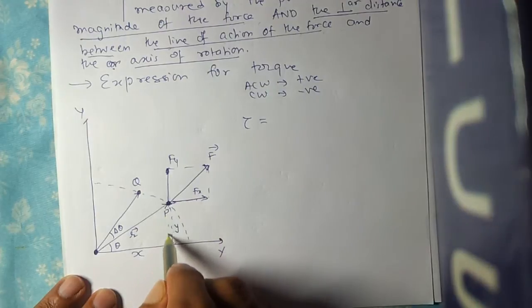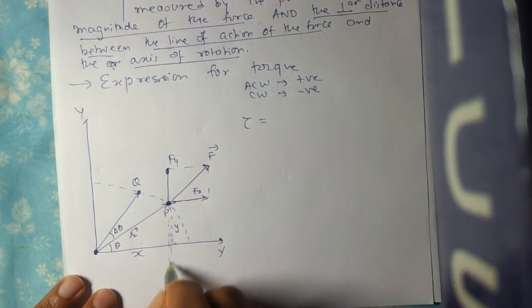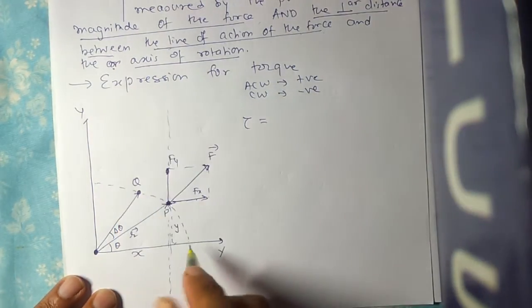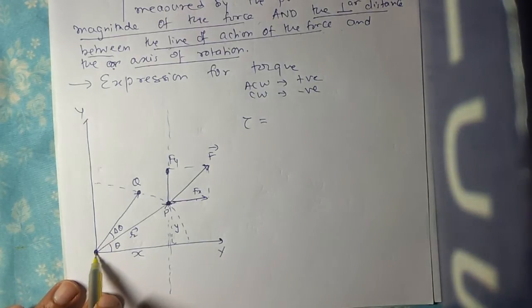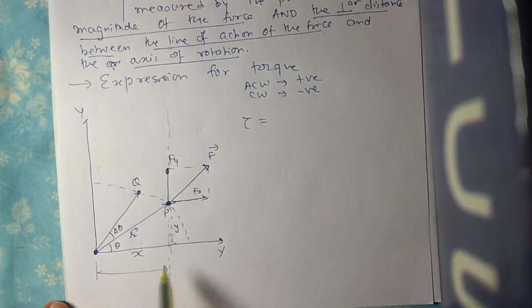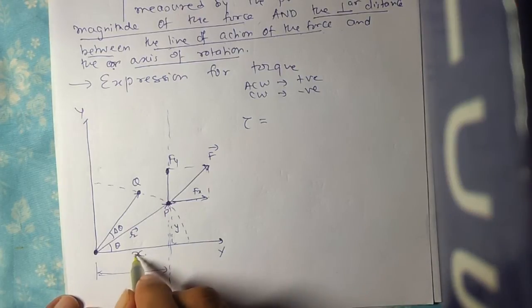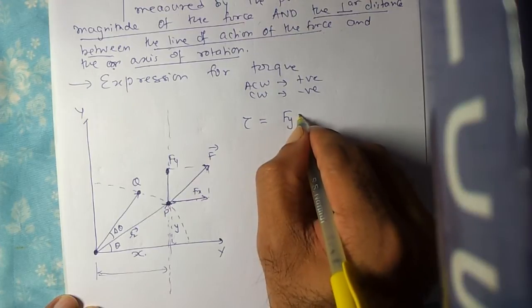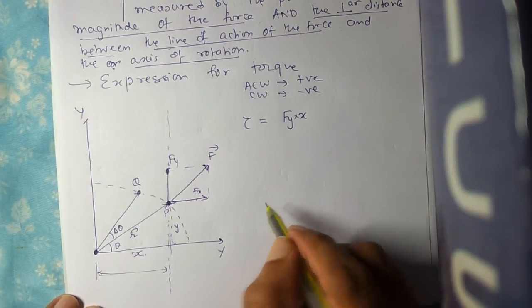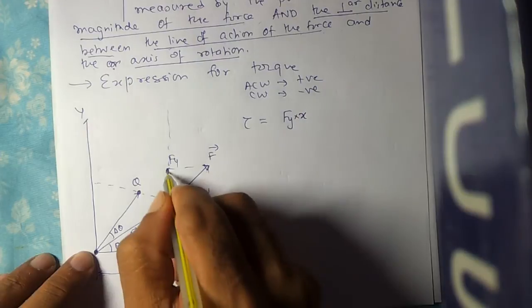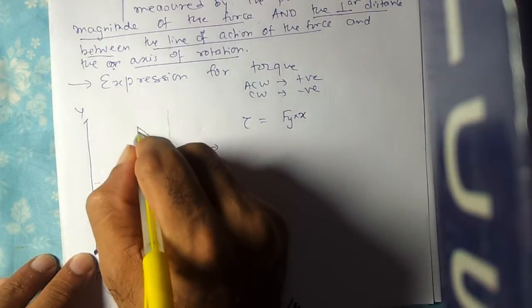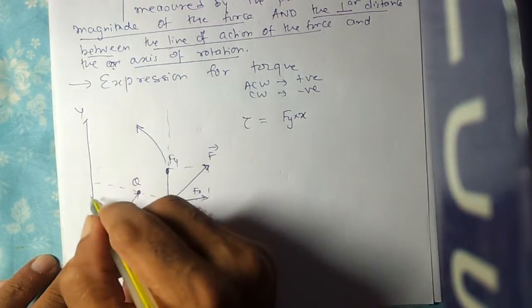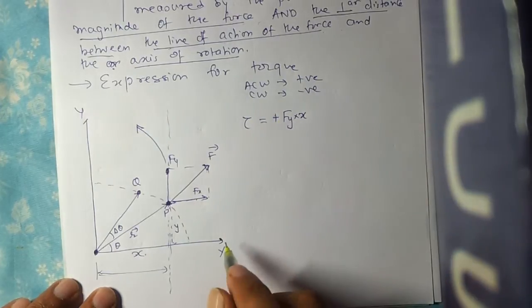If I take the line of action of force vertically downwards like this, the distance between the axis of rotation and the line of action of force is, as you can very clearly see, x. So this will give me a torque Fy multiplied by x. Fy is acting in the upward direction, so it's producing an anti-clockwise torque. So it will have a plus sign.